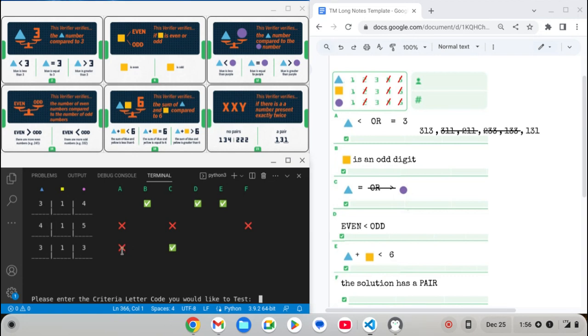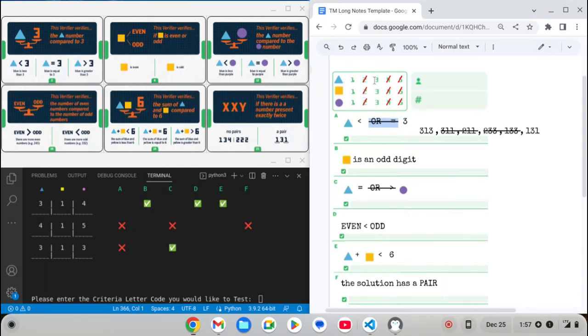So it does not like that I have a 3 in triangle. So in my proposal, I do have triangle equal to 3, but the Turing Machine does not agree with that. So great call, having to test criteria card A.